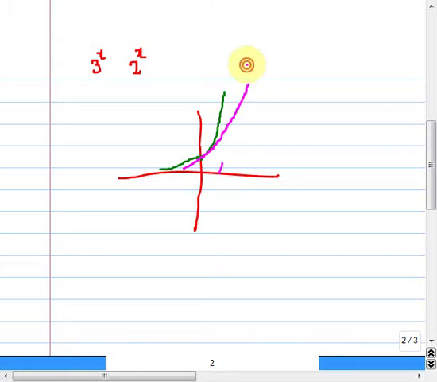This is the plot of 2 to the power x, and this is the plot of 3 to the power x.